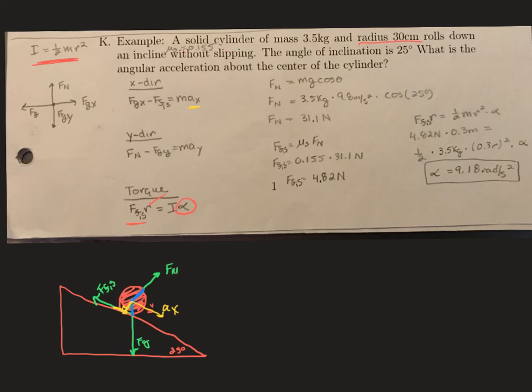So we can find the force due to friction, which we can then plug back into our original equation, which I've rewritten over here, plugging in my moment of inertia. So the force of friction times the radius of the solid cylinder equals 1/2 times 3.5 kilograms times the radius squared, so 0.3 meters squared, times the angular acceleration. So our angular acceleration turns out to be 9.18 radians per second squared.